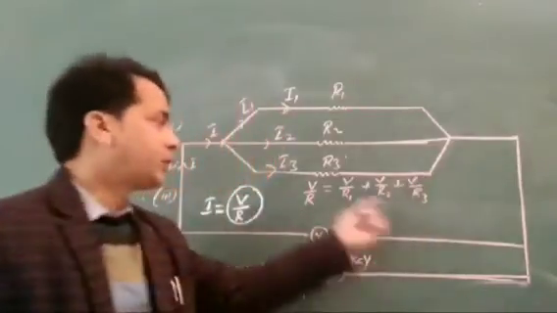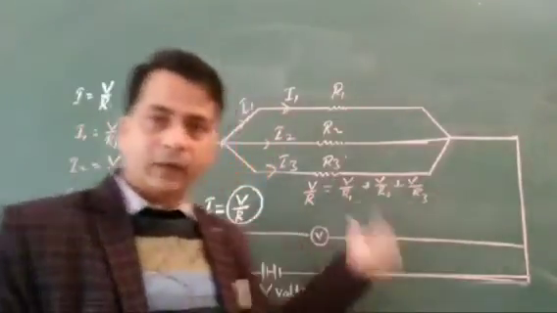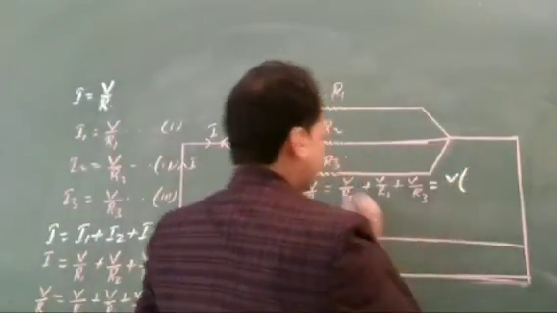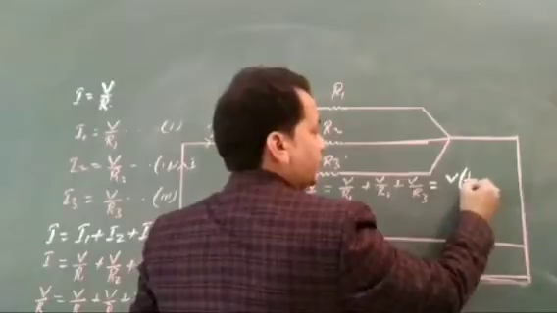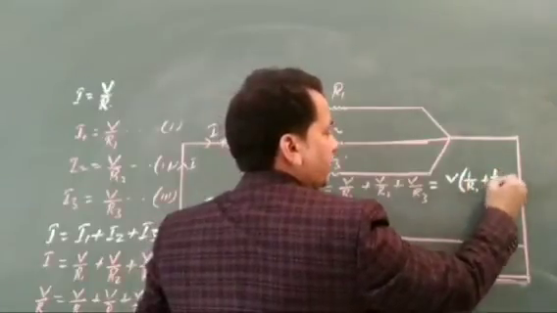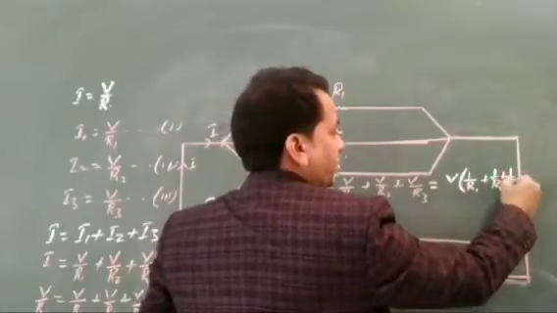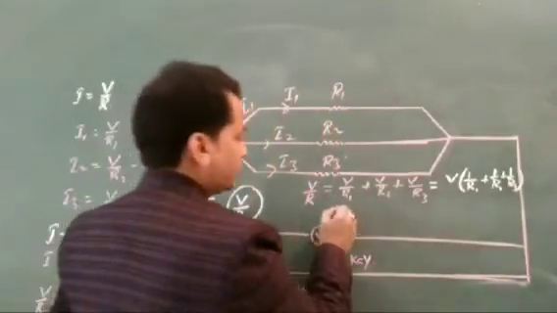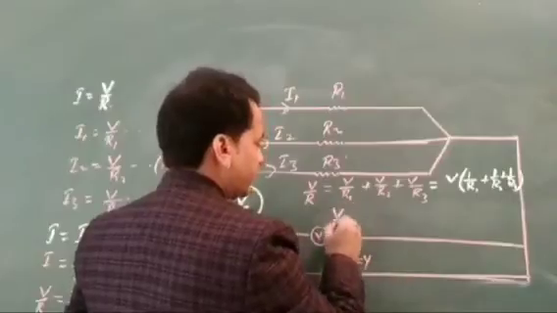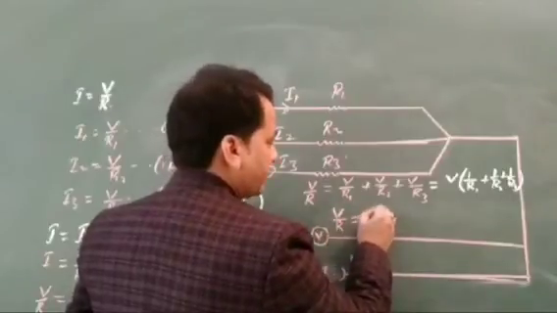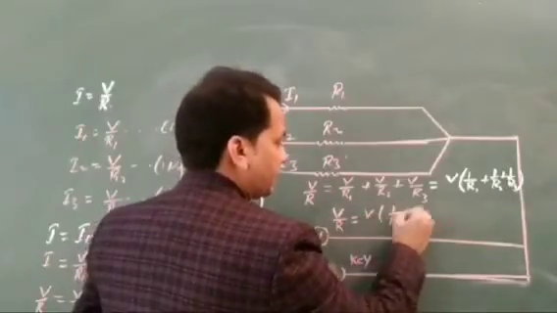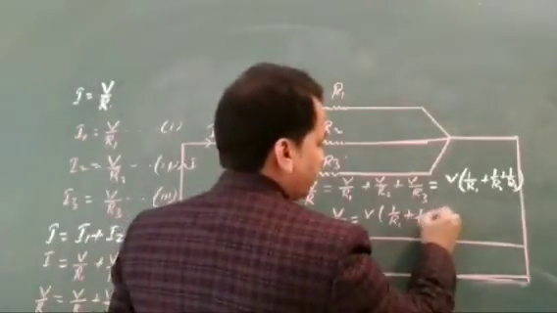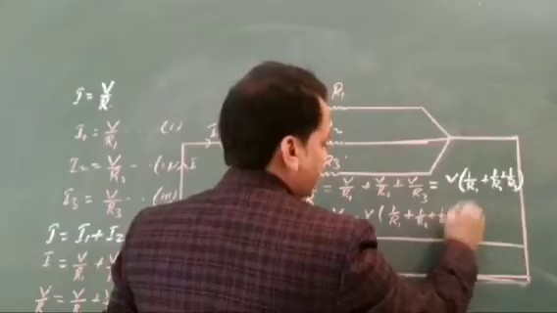So here the potential difference will be the same. Taking V common, V bracket 1 by R1 plus 1 by R2 plus 1 by R3. So V by R equal to V times (1 by R1 plus 1 by R2 plus 1 by R3).